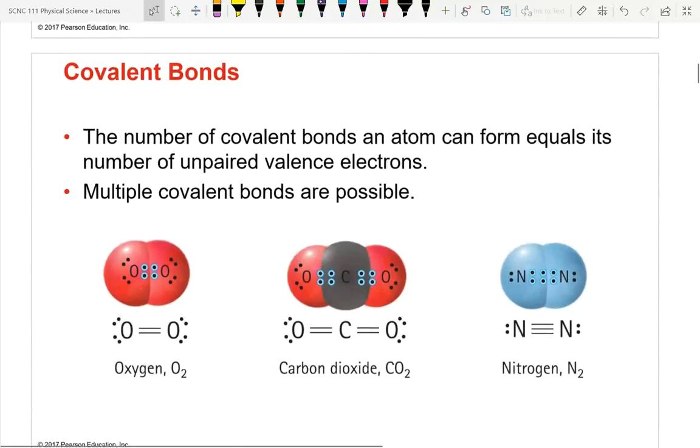So we had covalent bonds, and then the next type of bond was ionic bonds. What's the difference between a covalent bond and an ionic bond? Covalent bond is... They combine.